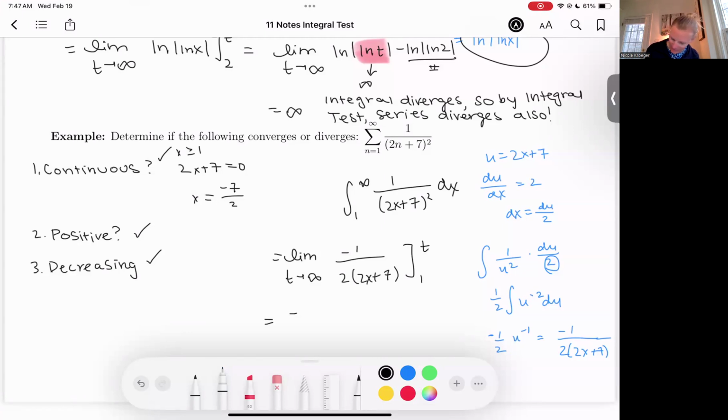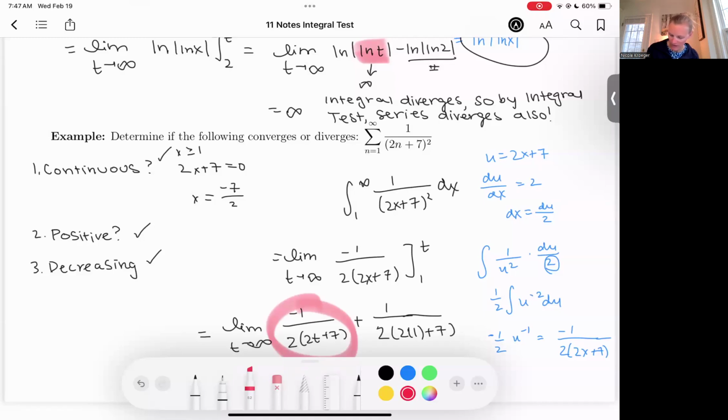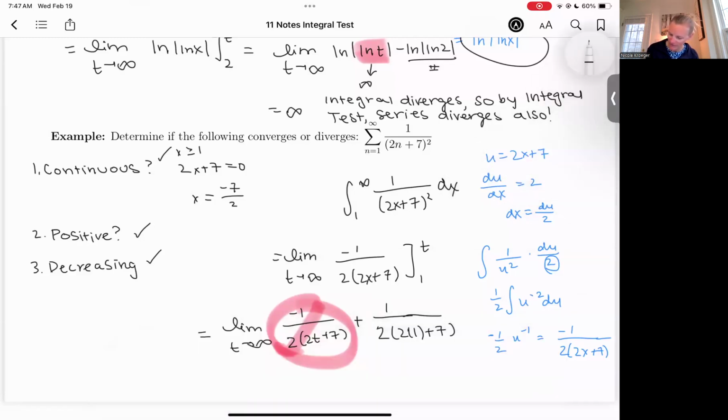We plug in t, so we get negative 1 over 2 times (2t plus 7), minus a negative, so that'll be a plus 1 over 2 times (2 times 1 plus 7). Okay, as t approaches infinity, so there still should be a limit out front here. Limit as t approaches infinity. As t approaches infinity, this piece will be 0, so that will go away. And we'll just be left with this piece here, which is going to be 1/18.